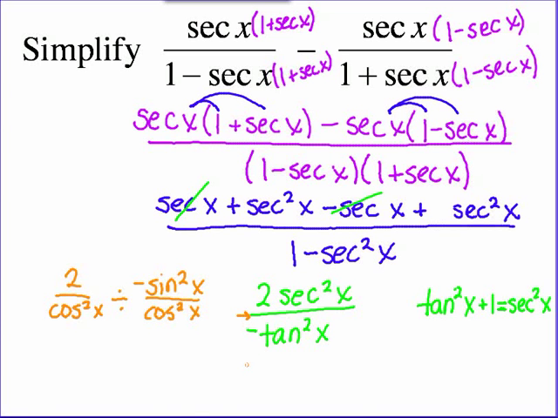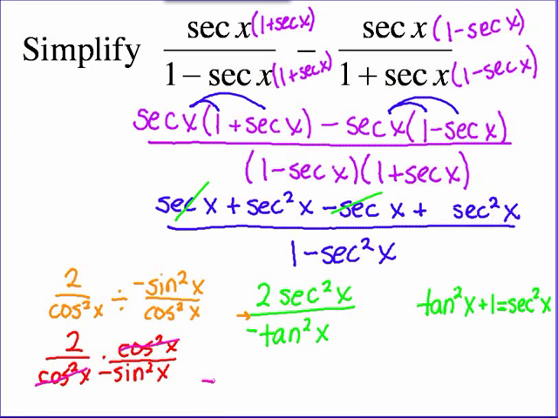When you divide, you multiply by what? The reciprocal, so you end up having cosine squared times cosine squared over negative sine squared. What happens to your cosine squareds? They're gone. You end up having 2 over negative sine squared. If you have 1 over sine, what will that be?